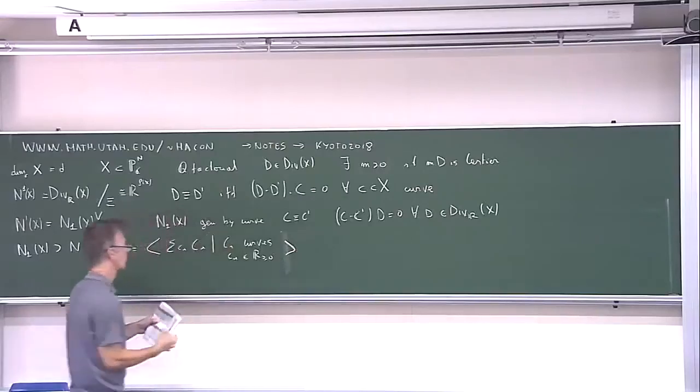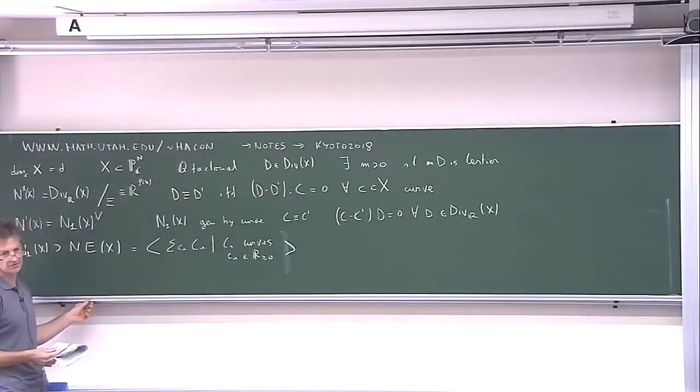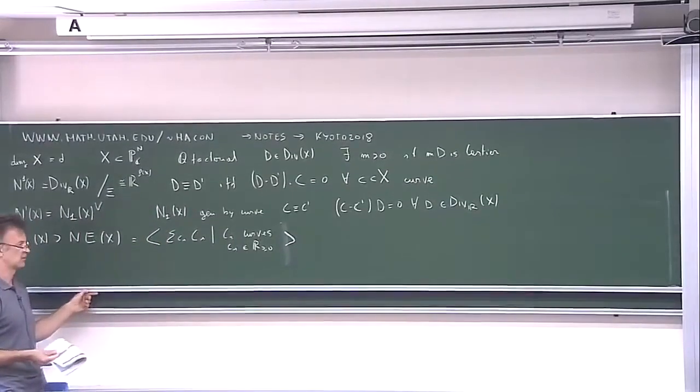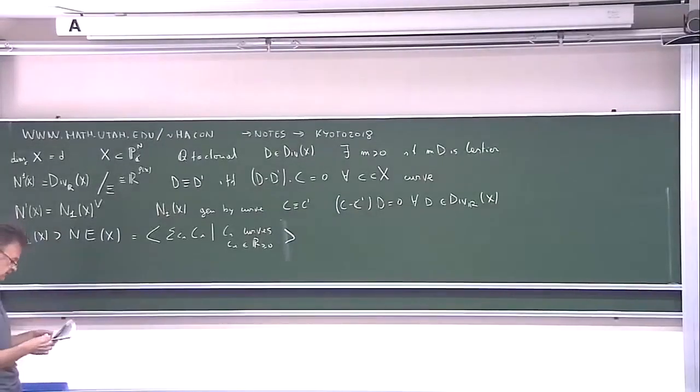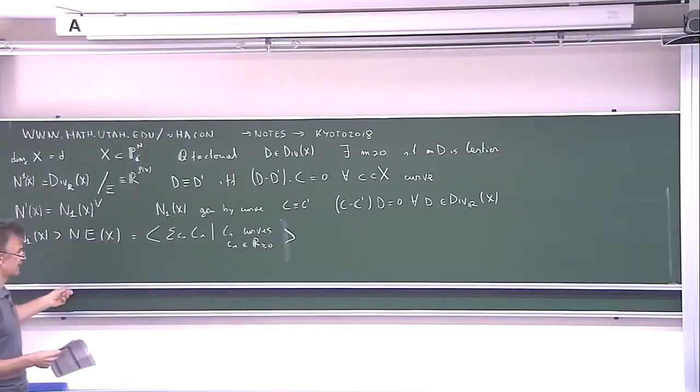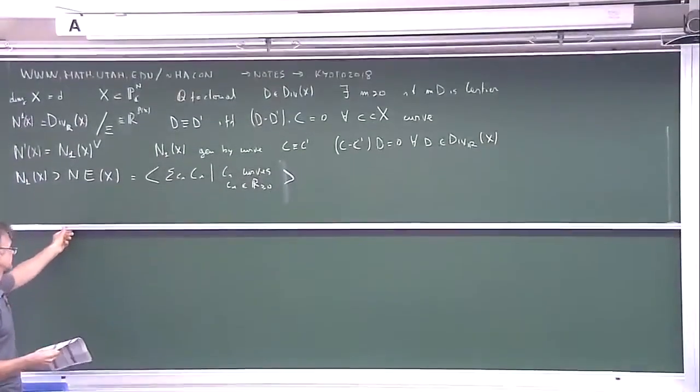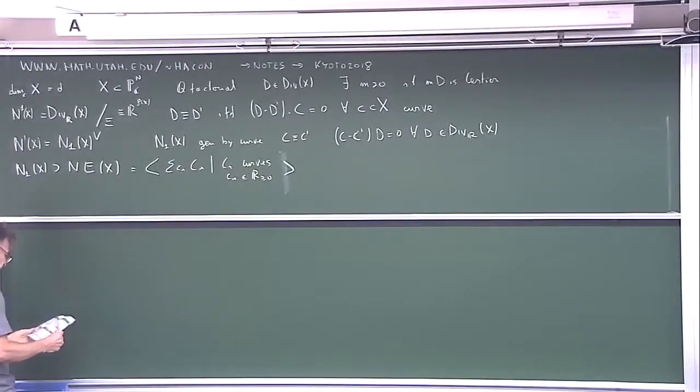So this is clearly a cone. If you have two objects of this kind and you sum them together, you get another finite linear combination of curves with non-negative coefficients. The cone theorem describes this cone in a very precise way, and in a useful way for the minimal model program.